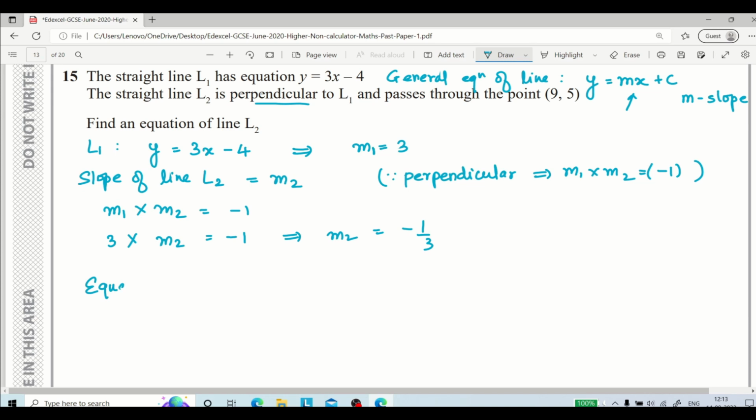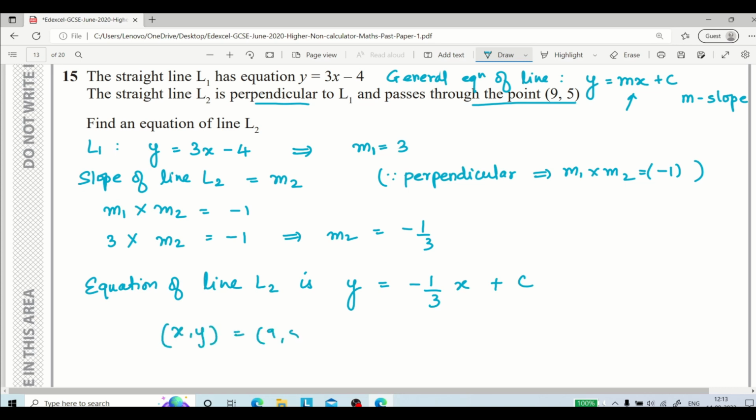So now the equation of line L2 is y is equal to mx plus c. So instead of m, minus 1 upon 3 x plus c. Again, L2 is passing through the point (9, 5), which means x comma y is equal to 9, 5.